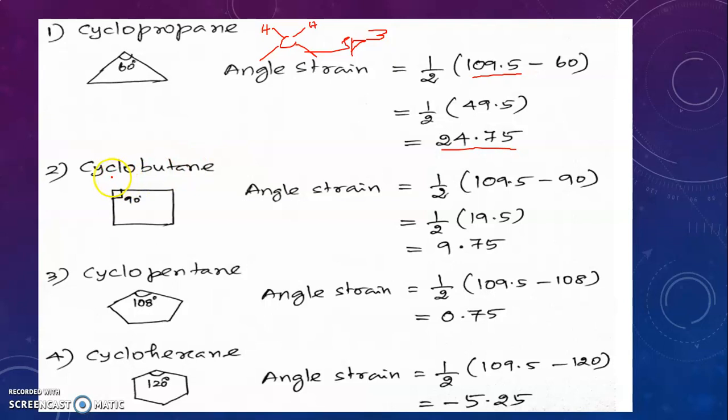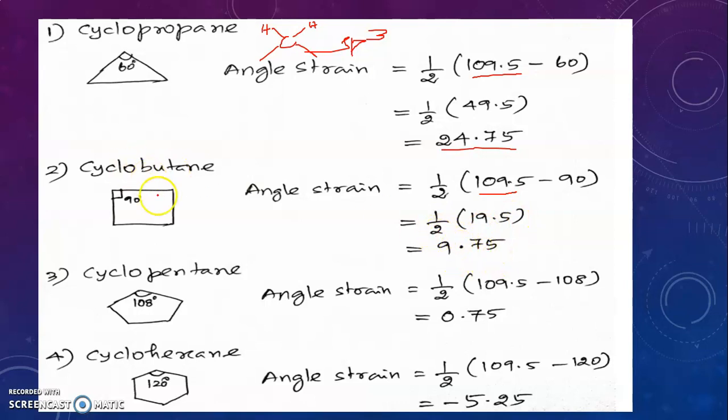Then the next molecule is cyclobutane. In cyclobutane, the angle strain is half into, here also the hybridization is sp3. So the normal tetrahedral angle is 109.5 degrees minus the internal bond angle of 90. 109.5 minus 90 gives you 19.5, divided by 2 gives you 9.75.